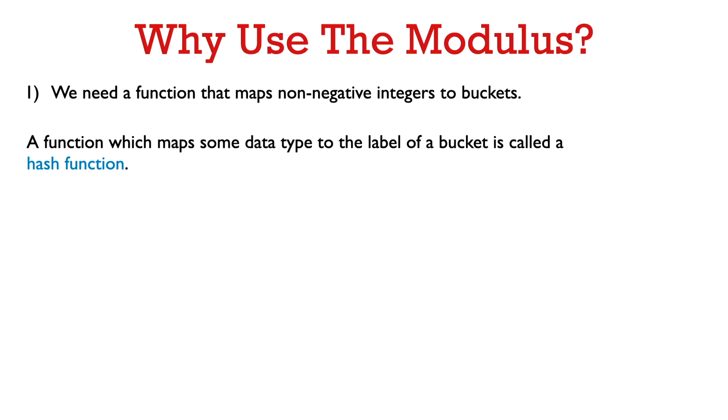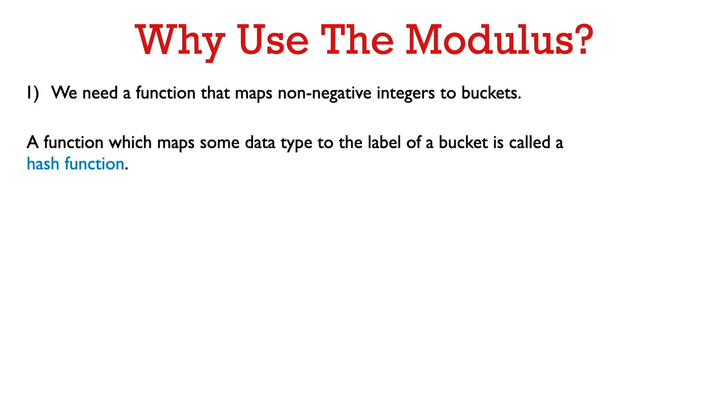So another question you might have at this point is, where did this modulus function come from? Well, it has several properties that make it a good example of a hash function. First, any hash function needs to map the data to the labels of the buckets. And the labels of the buckets are array indices, so they're going to be integers from 0 to size minus 1.